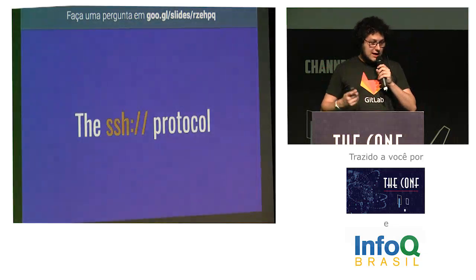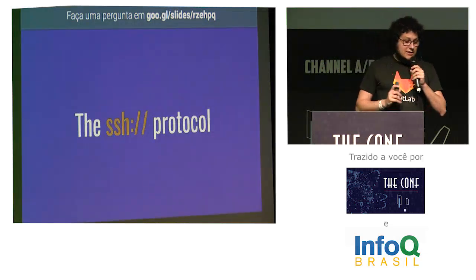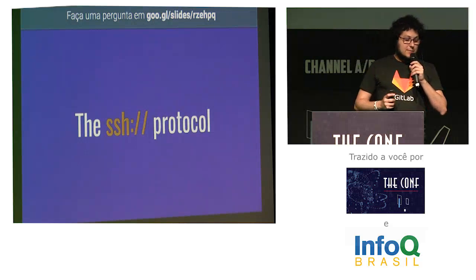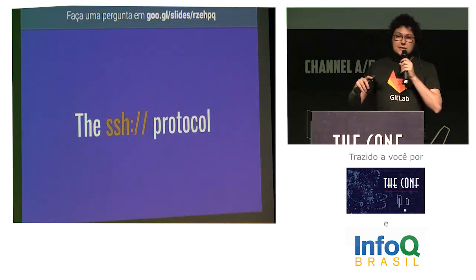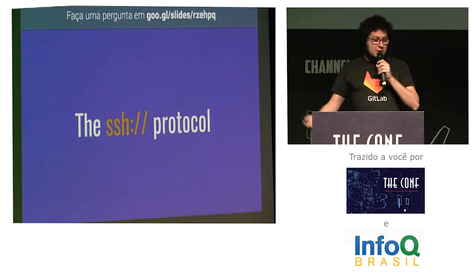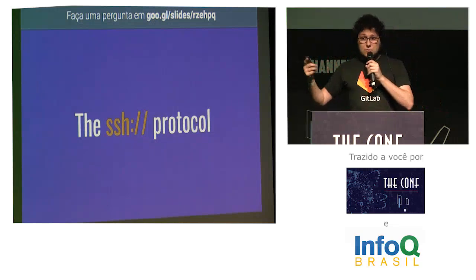The next one is the SSH protocol. Here is an interesting thing about the Unix philosophy. Git itself doesn't implement any custom OpenSSH server. It uses the one in your machine and a few commands.